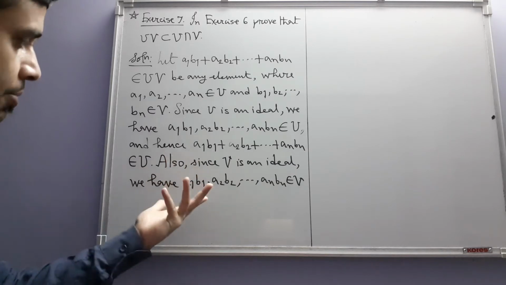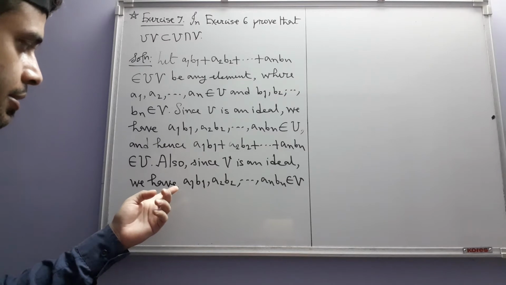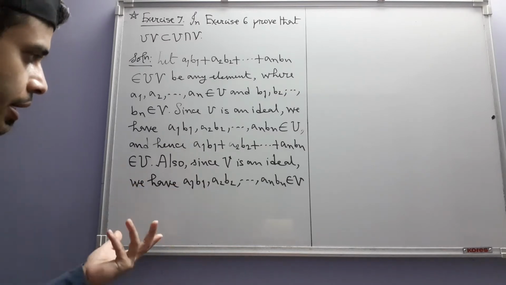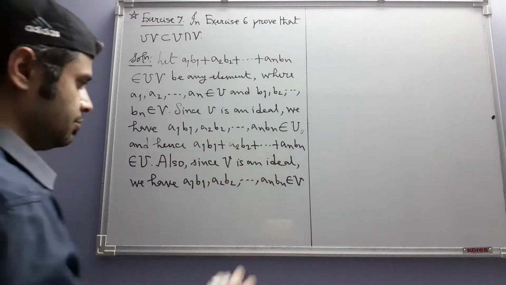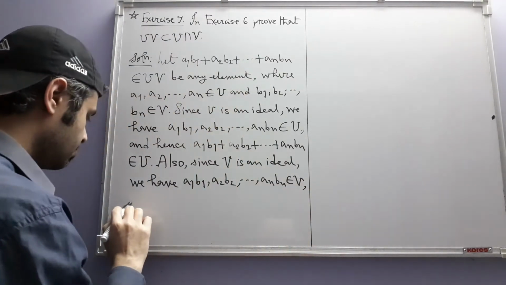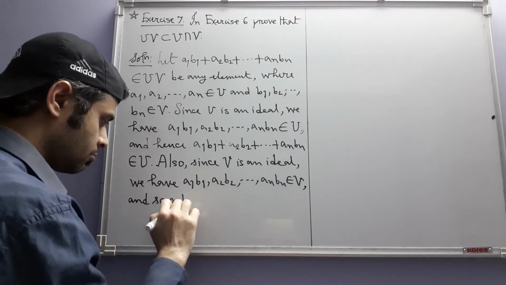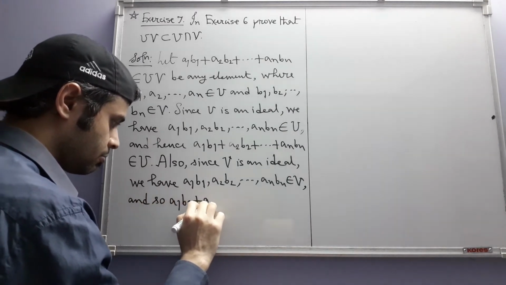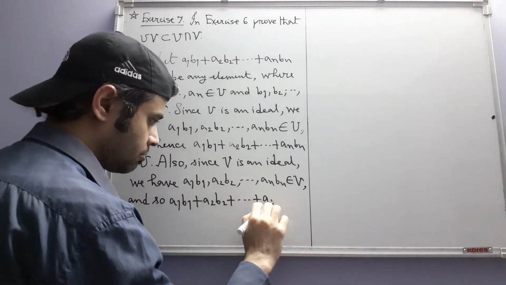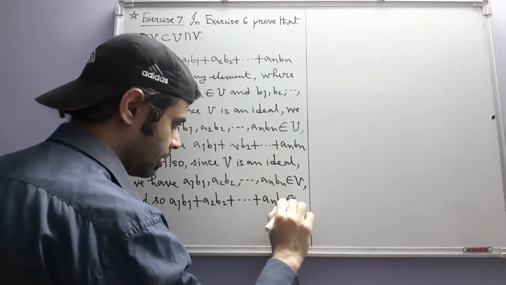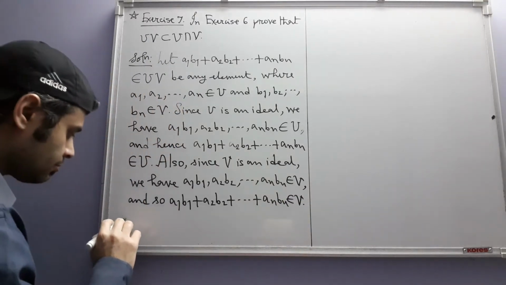Bi is being multiplied by Ai from the left. So if we consider Ai as an arbitrary ring element, then Ai Bi should be in V. So all these products are in V. And so their sum is also in V, because V is an additive subgroup.